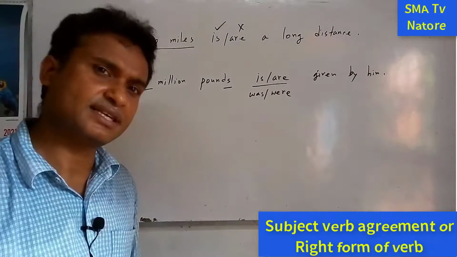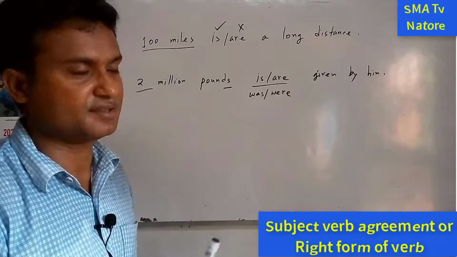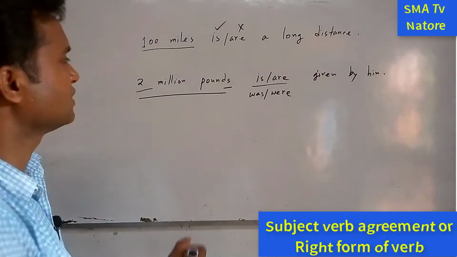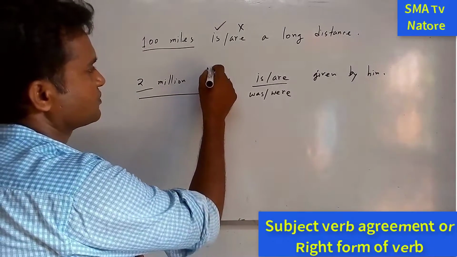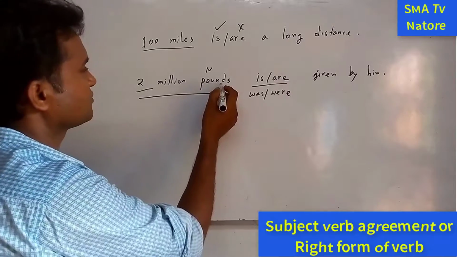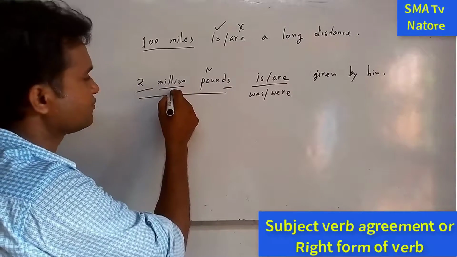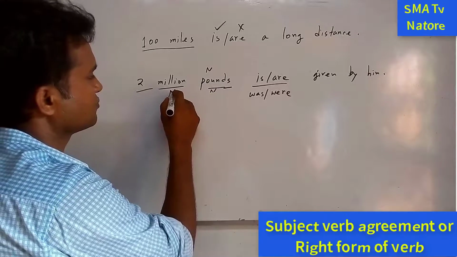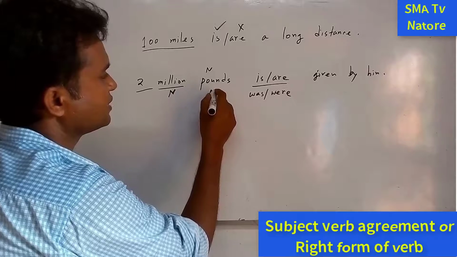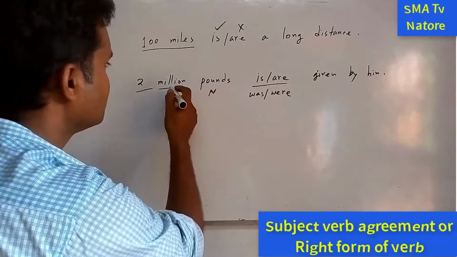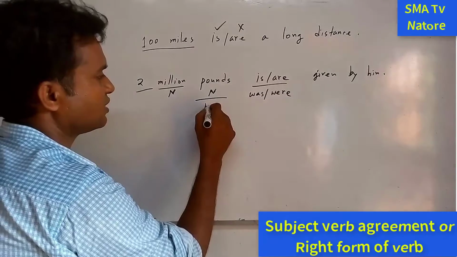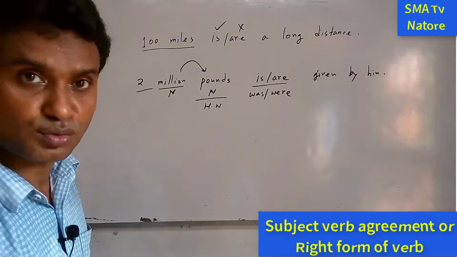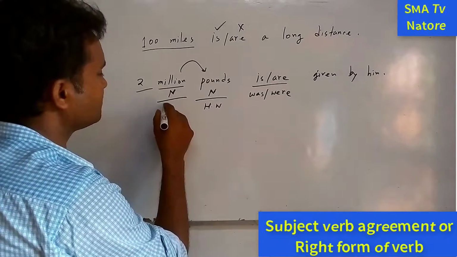What happened? Okay, guess it. Now I am saying. So this part is what? This is a noun in plural form, that is pounds. Million is also a noun, and this one is also a noun. So what happened? This is the head word, and this one is modifying the word pound. So this noun becomes an adjective form.